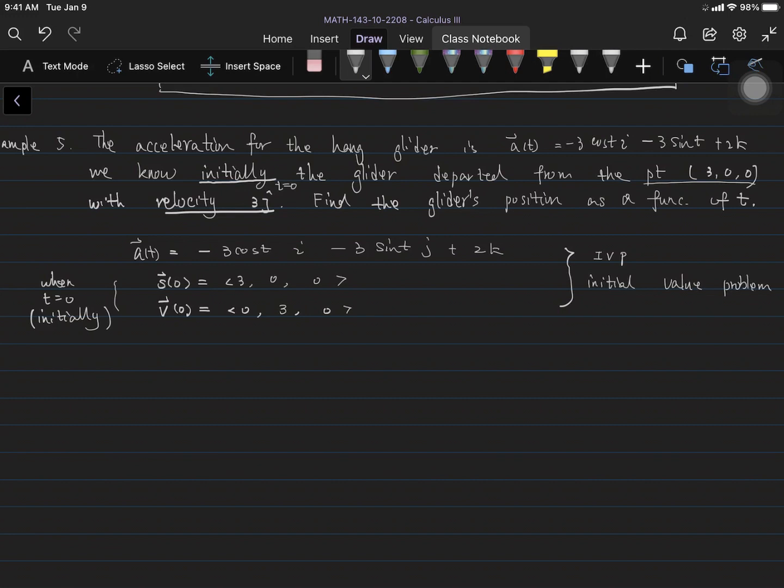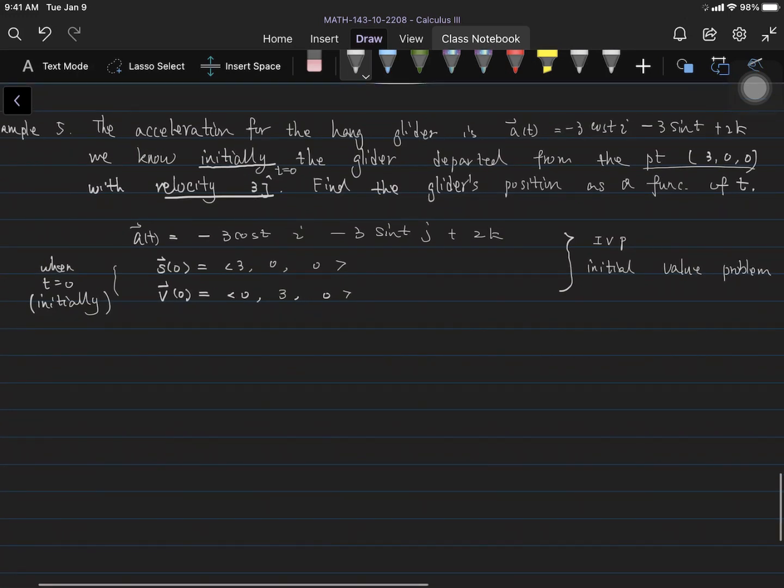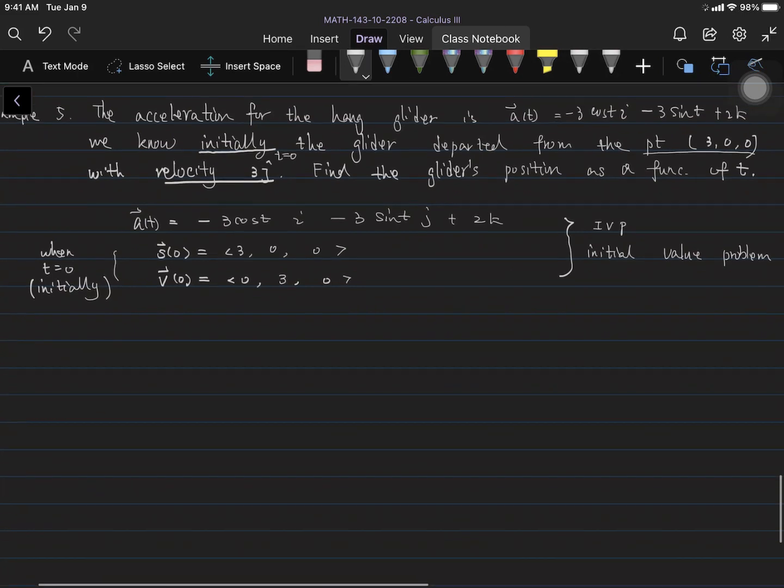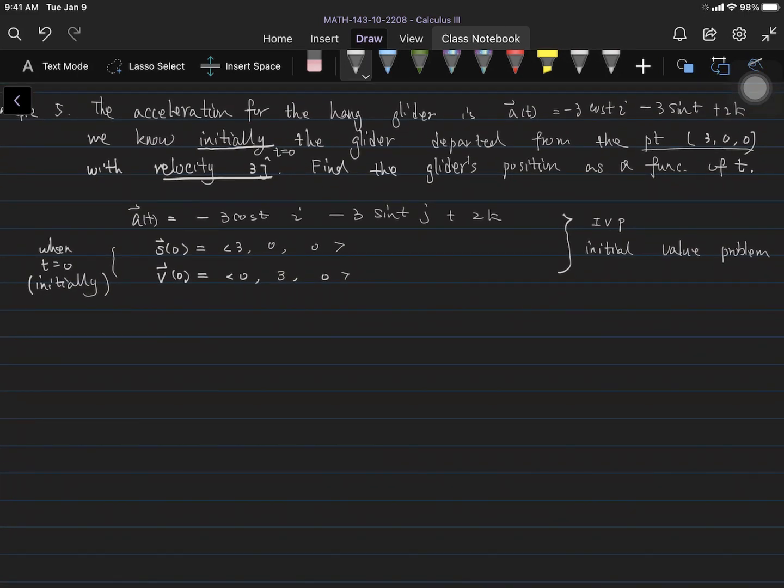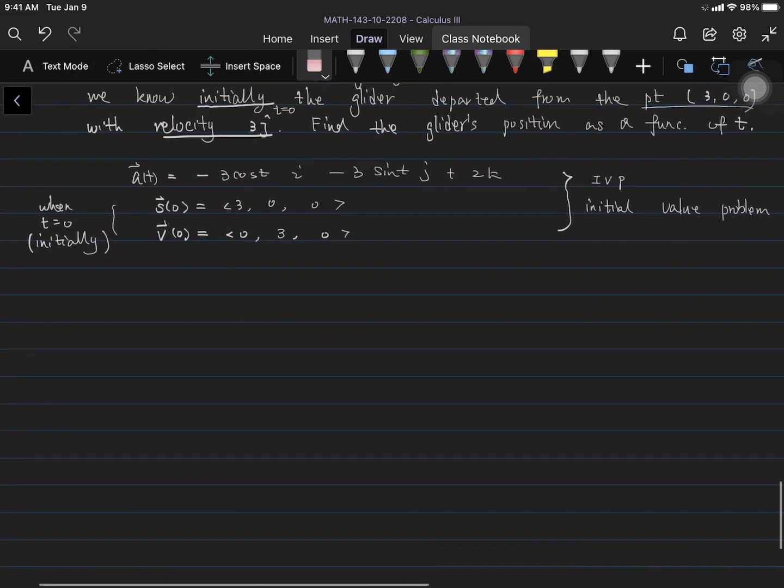If you learned Calculus 2, we should have already done some initial value problems. The initial value problem we did before is like dy/dx equals something, and we know y(0) equals something, or y(1), and we find the y function, something like that. Initial value problem.